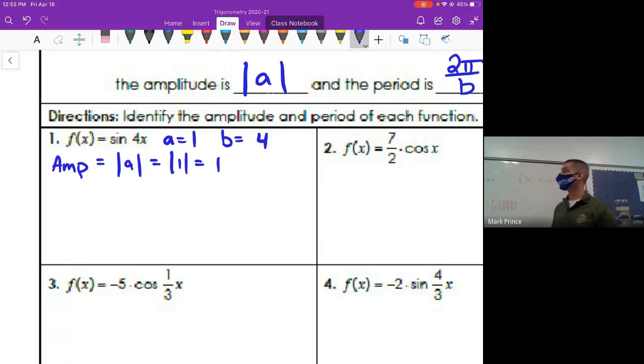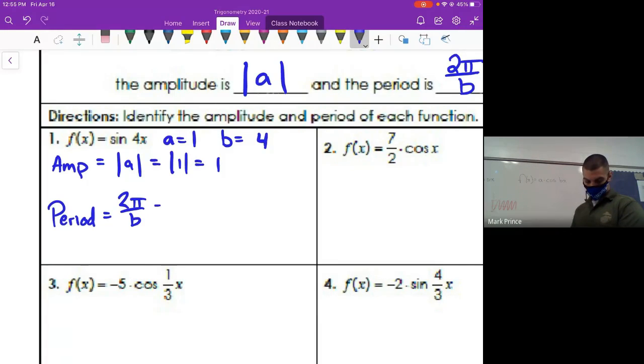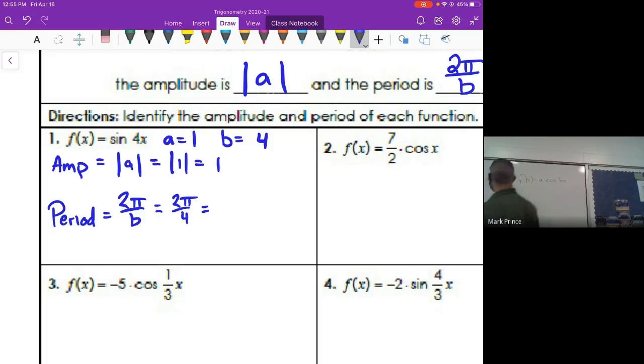All right, now the next part is the period. That is 2 pi over b. So b is 4, so we'll just do 2 pi over 4. And this fraction simplifies to what? Pi over 2. Yep.